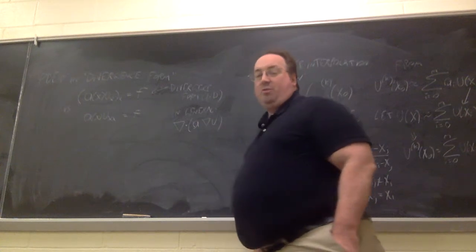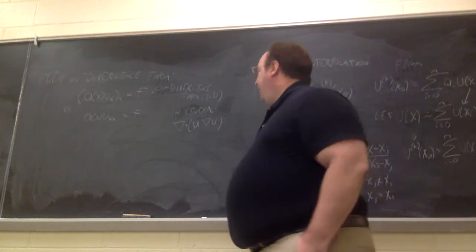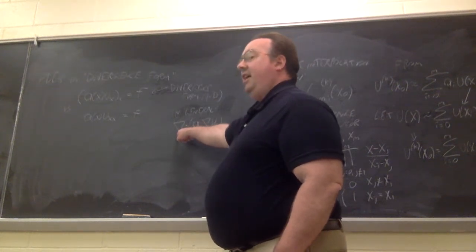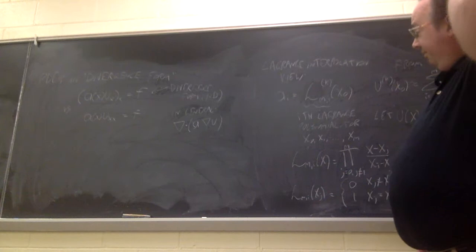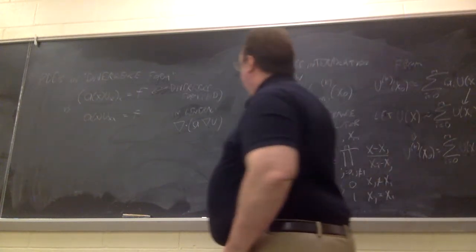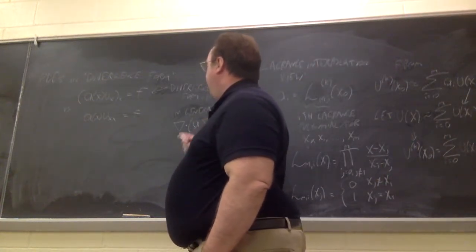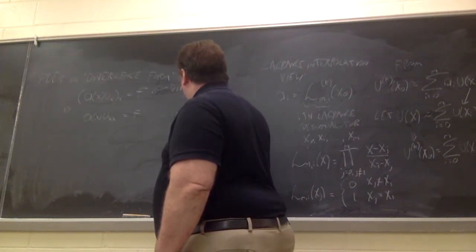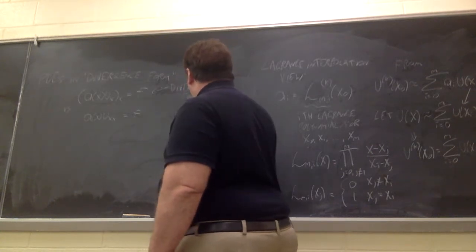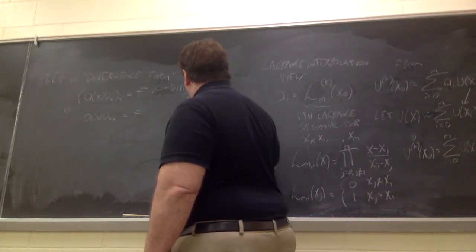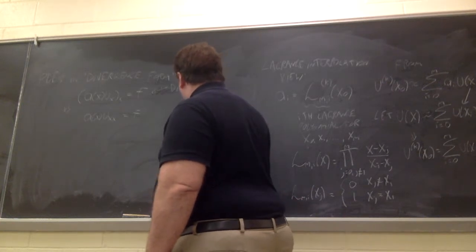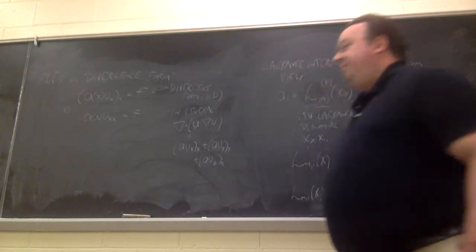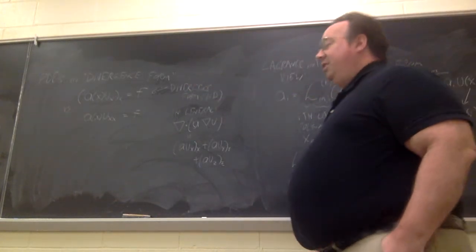So the upside down triangle means different things. Here it means a gradient, and on the outside it means divergence. Now, if I were to write this out in terms of the definition of gradient and divergence, that means the same as a u_xx plus a u_yy, and if this is 3D, a u_zz.